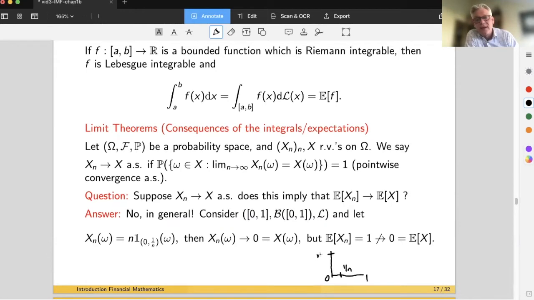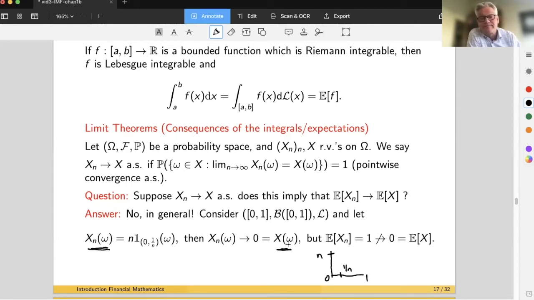And when n grows, this interval gets smaller and this value gets larger and larger. And this is the sequence xn. And of course, we see that xn goes to 0 when n grows and grows and grows. So x, the value it converges to, is just 0.